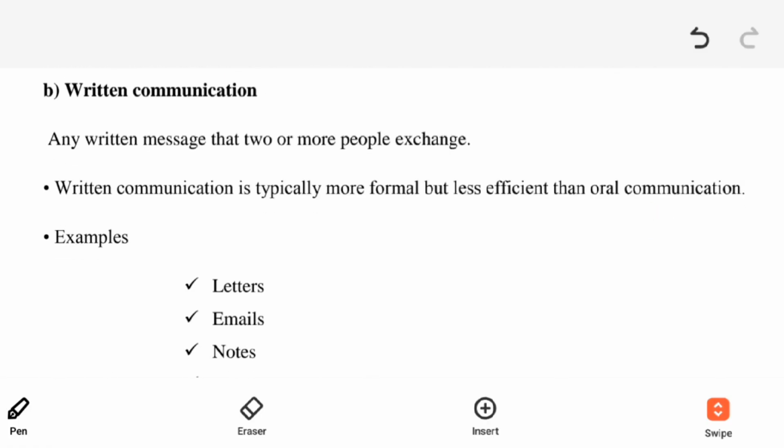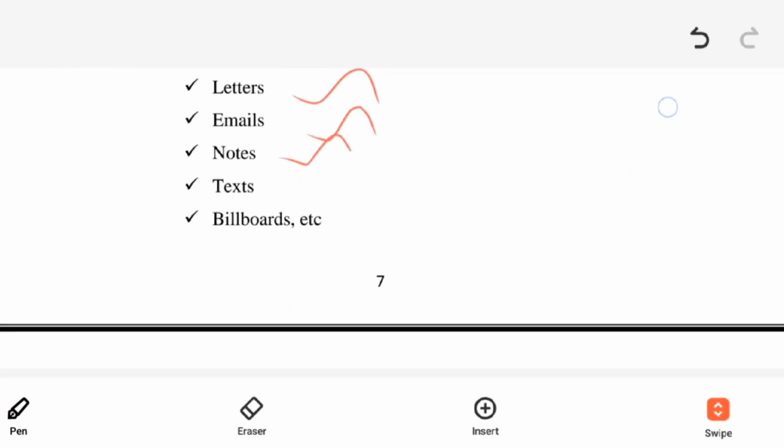Then written communication. Any written communication that two or more people exchange. Written communication is typically more formal but less efficient than oral communication. Mostly, oral communication is more effective compared to written communication. For example, letters, emails, notes, text, billboards.